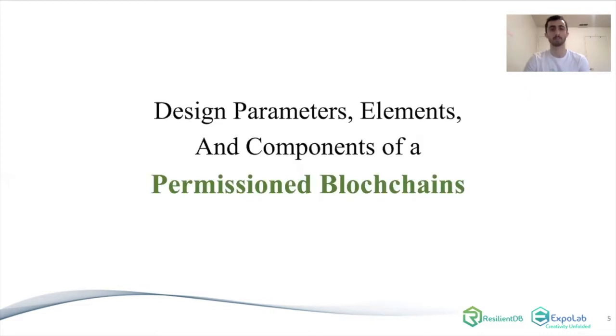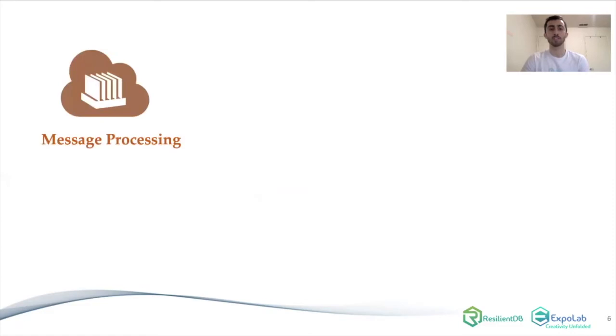So what are the design parameters, elements, and components of our permissioned blockchain? The first one is message processing, because everything is happening through messages in permissioned blockchain. The next thing would be execution, how we are going to execute the transactions or smart contracts.